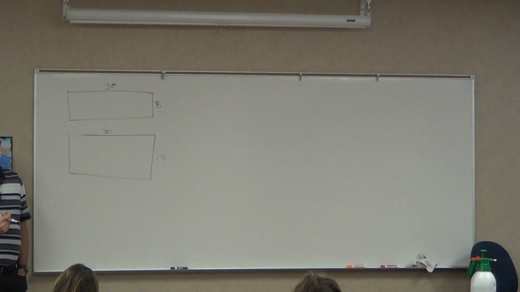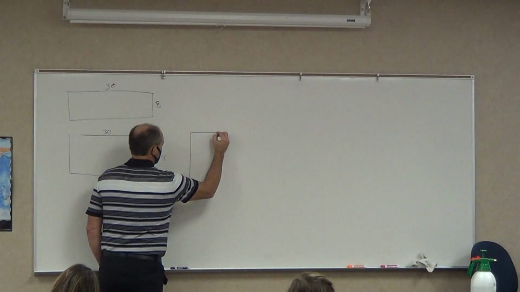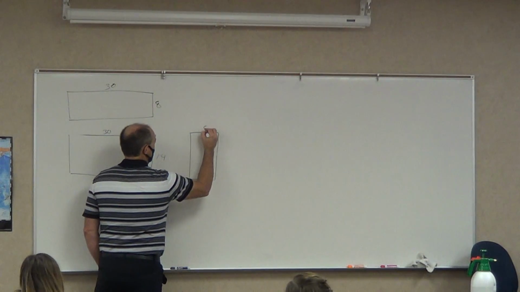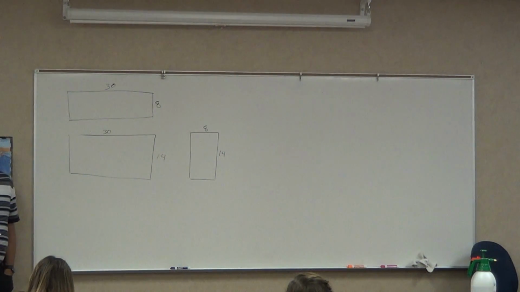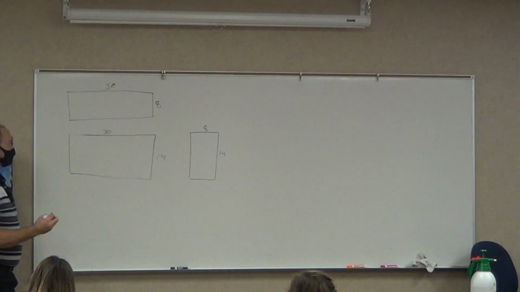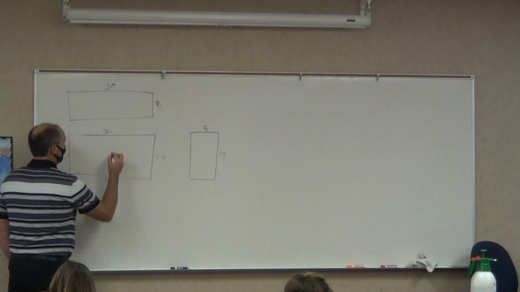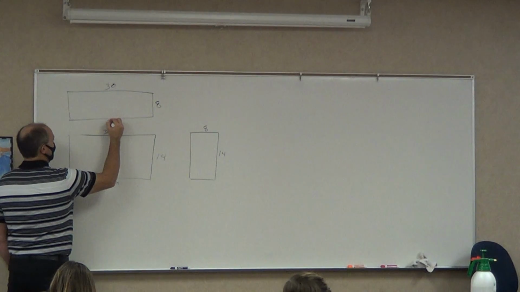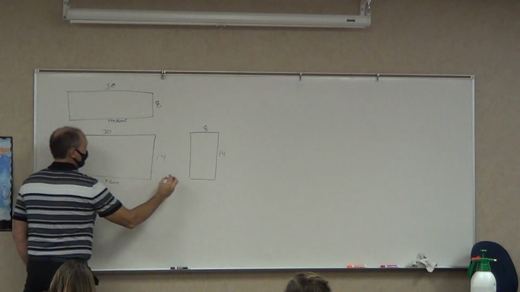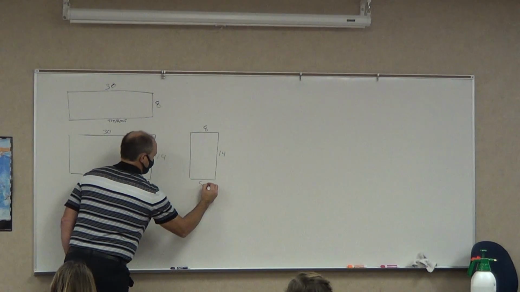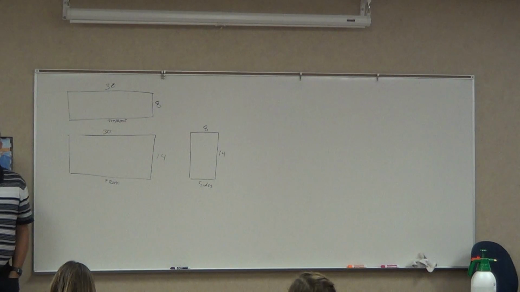Your last one will be one of the side views, and that's going to be 8 by 14. Does that make sense? So this, I would make your front view. I would make this your top or your roof. And this one one of your sides. Okay?